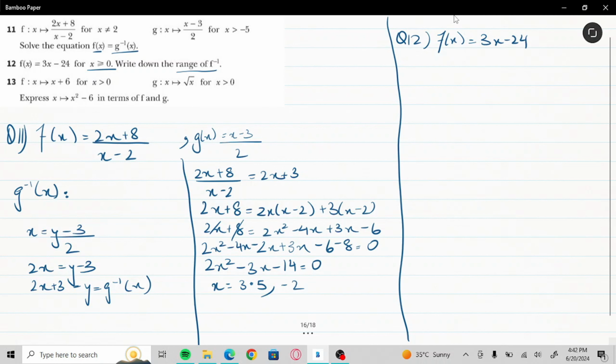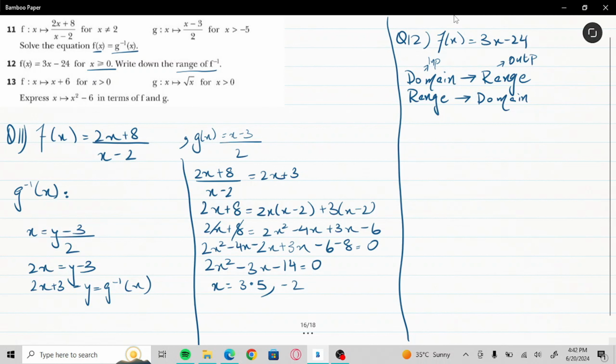So that means we can say that the domain of a function is actually the range of the inverse of the function, and the range of a function is the domain of the inverse of the function, because domain and range are actually the inputs and outputs. We can say domain is the set of inputs, range is the set of outputs.